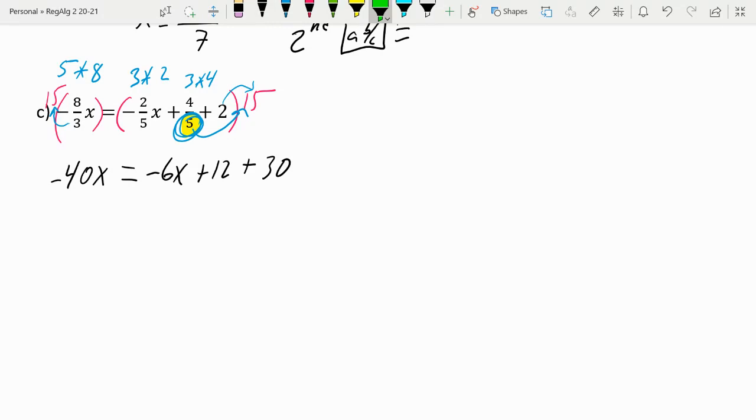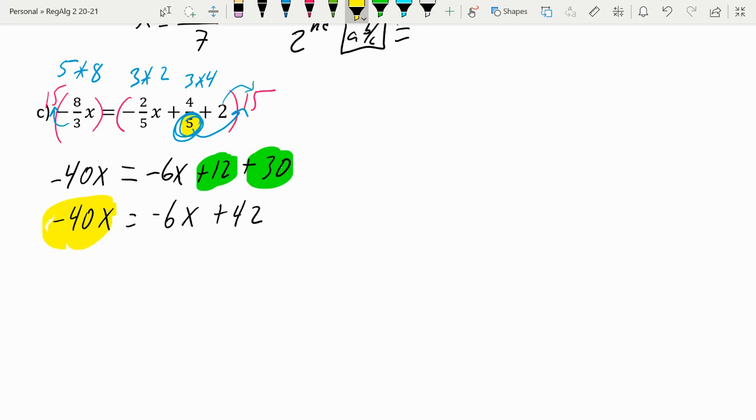Now, combine like terms. All right, so I have positive 12 plus 30. There's my like terms. So I have negative 40x is equal to negative 6x plus 42. Now, in this case, I always talk about moving the smaller variable. Well, negative 40 is actually smaller than negative 6.